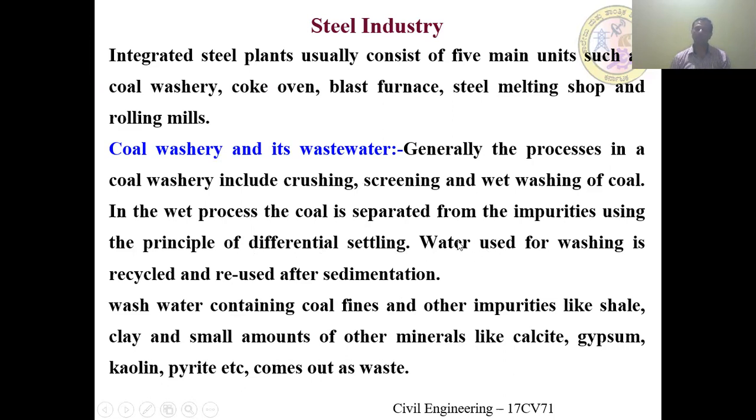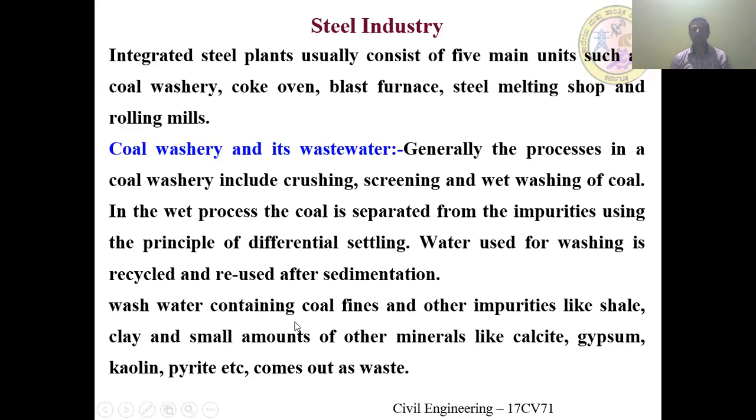So, the water will be reused after you go for the settlement or sedimentation process, where inorganic substances are going to be settled at the bottom. Clear water can go again for washing.